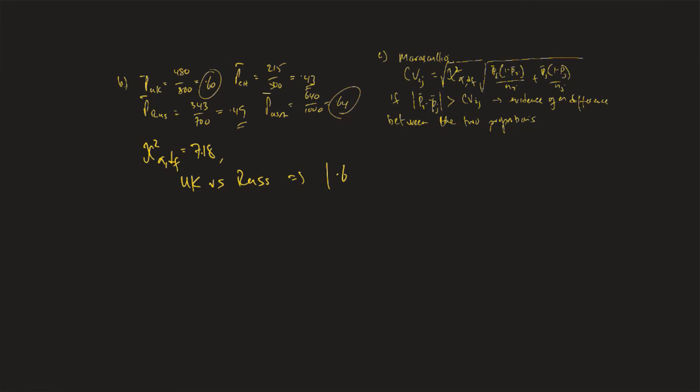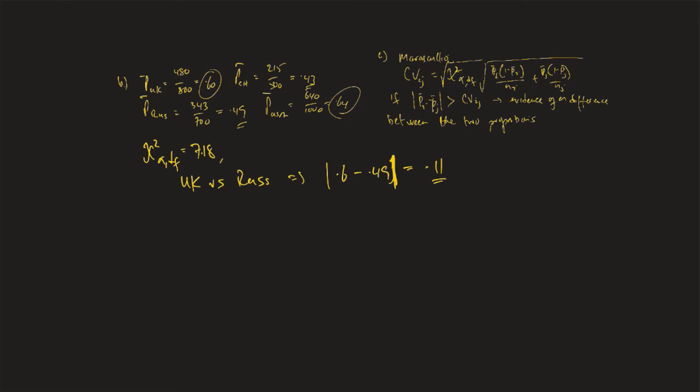So UK versus Russia would be, and we want the absolute value, 0.6 minus, for Russia it is 0.49. So that basically gives us 0.11. All right? So that's that.